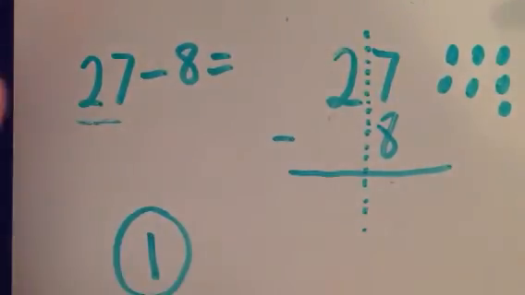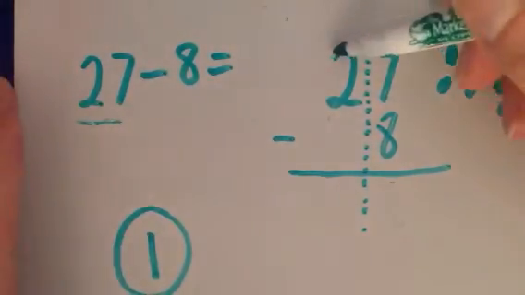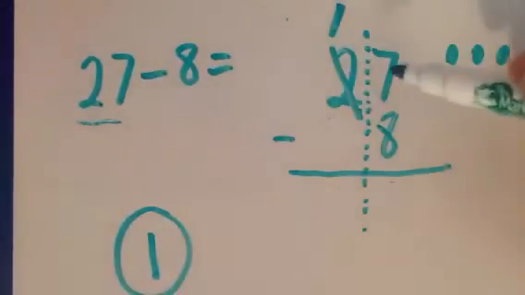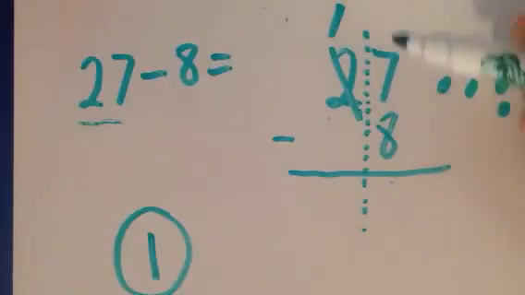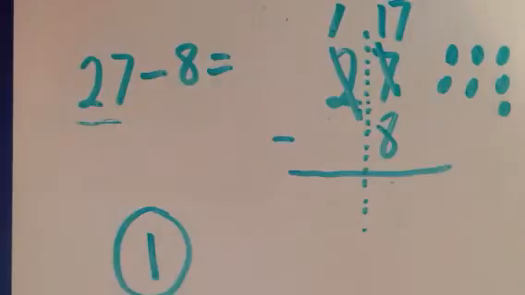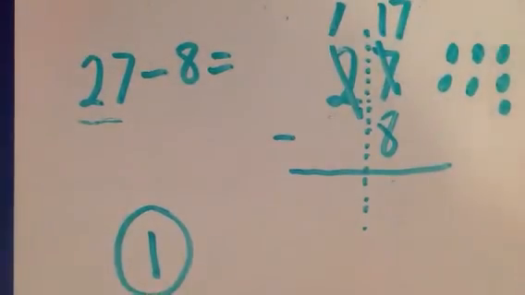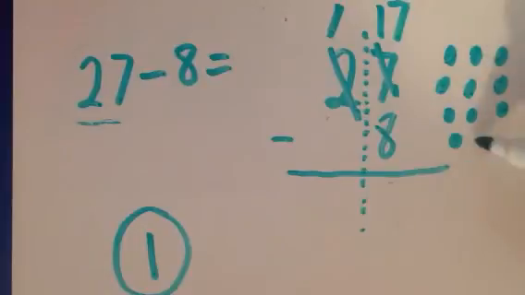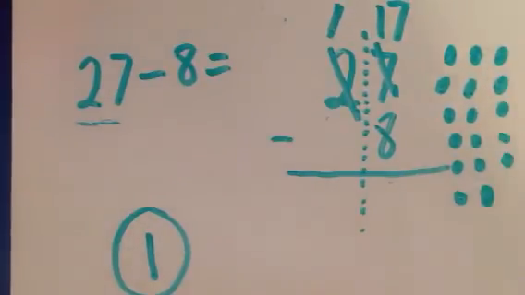So what I'm going to do is go over to my tens place. I'm going to borrow a 10. I'm going to make this into 1 ten. And I'm going to bring that 10 over here, right? I'm going to make that 17. Now, I'm going to take my 7 that I have, and I'm going to make it 17. 1, 2, 3, 4, 5, 6, 7, 8, 9, 10, 11, 12, 13, 14, 15, 16, 17.